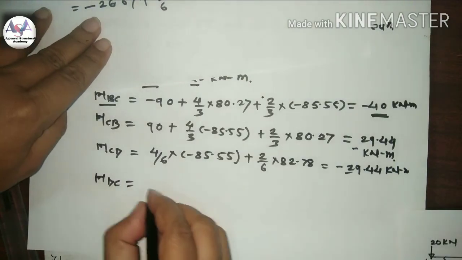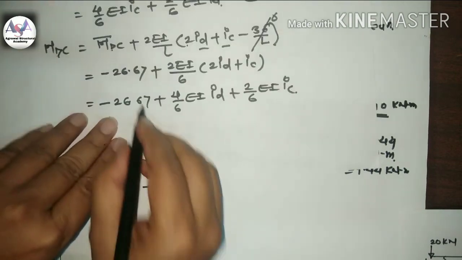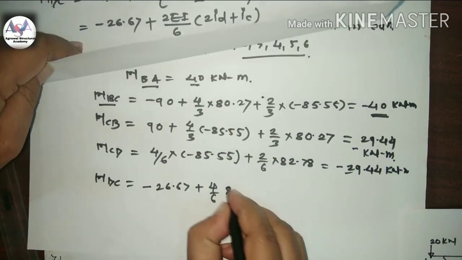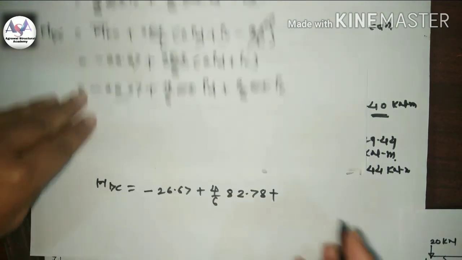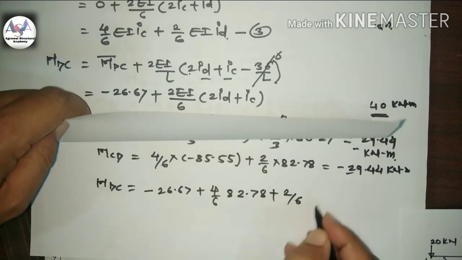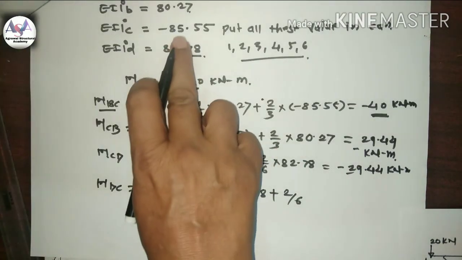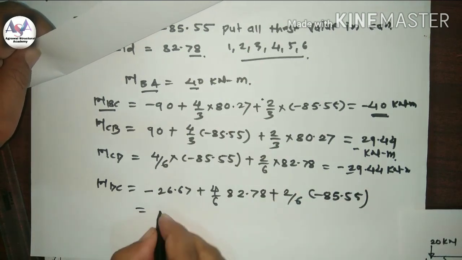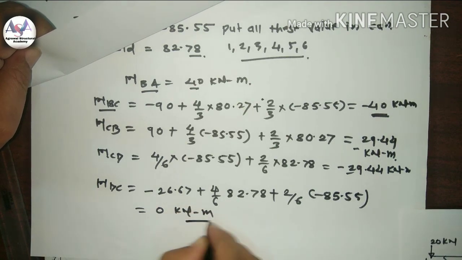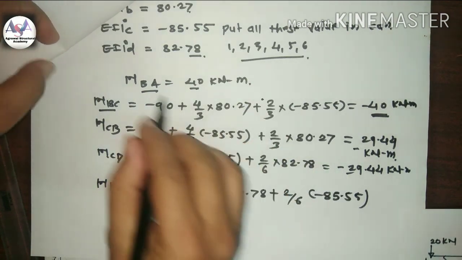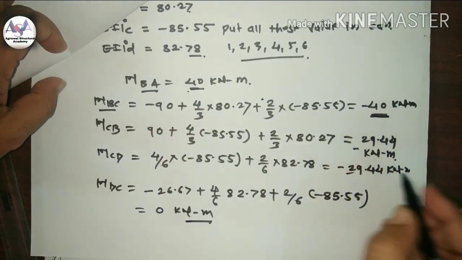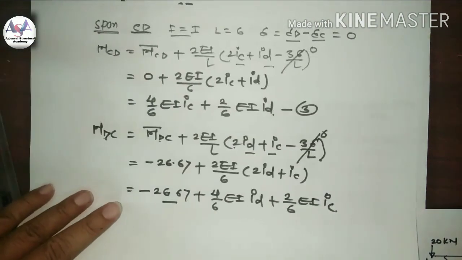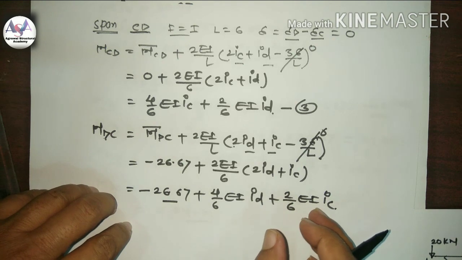So this value minus 26.67 is DC plus 4 by 6, EI theta D is 82.78, then plus 2 by 6 EI theta C, which is minus 85.55. So this total is 0. In this way we got the values of all the fixed moments M_BA, M_BC, M_CB, then M_CD, and last is M_DC. Thank you.